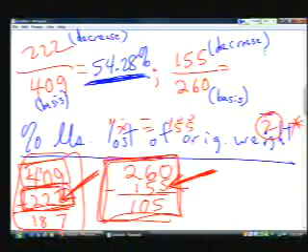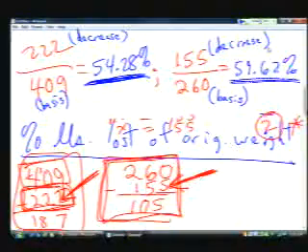So then you grab your handy-dandy calculator and 155 divided by 260, and you get 59.6. So 59.6, and it's 59.62. That was her percentage of weight loss, okay?